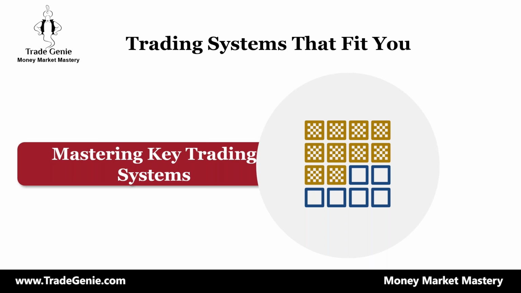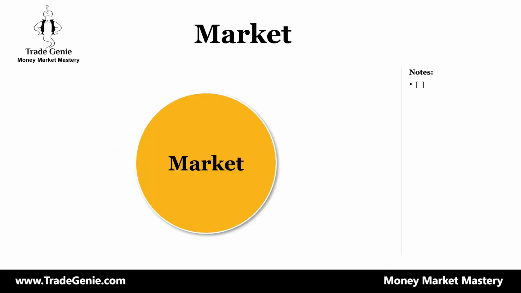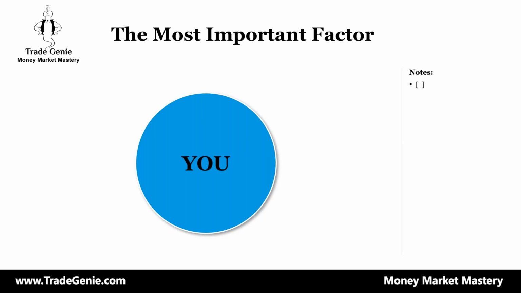It doesn't matter what the person is saying, and the reason is you. Even a trading system with a 100% win rate, you may screw up and turn it into a 100% loser.